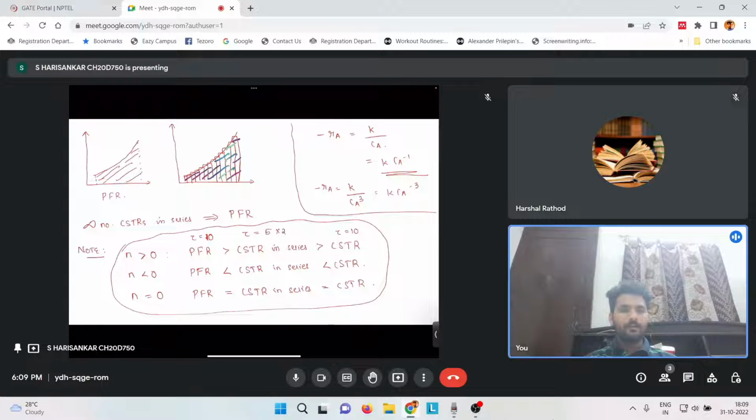For reaction order greater than zero, PFR will be better compared to CSTRs in series, and the least favored one is CSTR. When it is less than zero, the reverse order is true. And for a zero order reaction, PFR, CSTRs in series and CSTR are pretty much the same. That means they give the same conversion for the same volume.